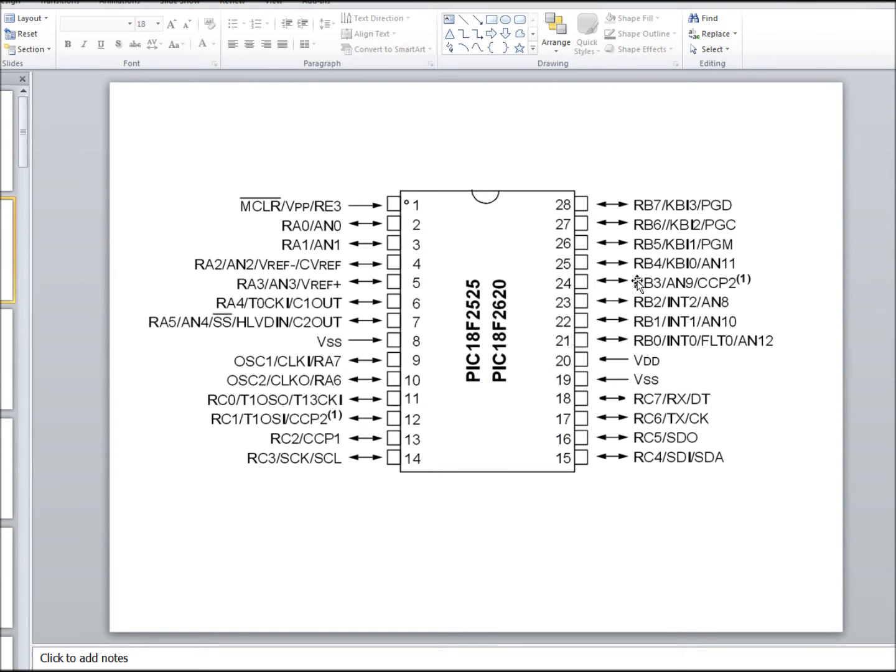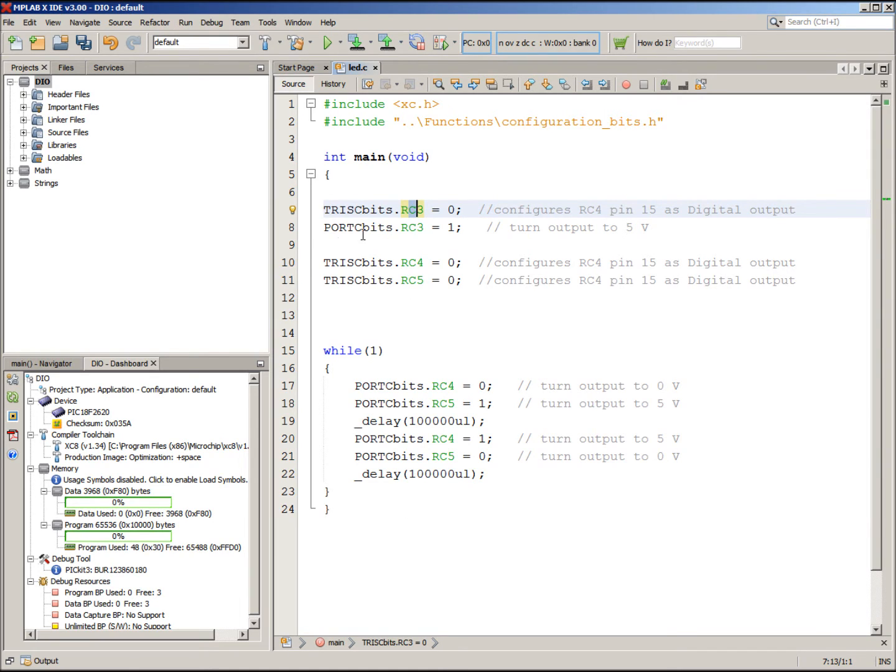If I want a B pin, RB3, it's TRISBbits.RB3. And the same with the port commands that we saw. Right? So the letter refers to the port, A, B, or C on our chip. Right? And then which of those pins that you want to use.